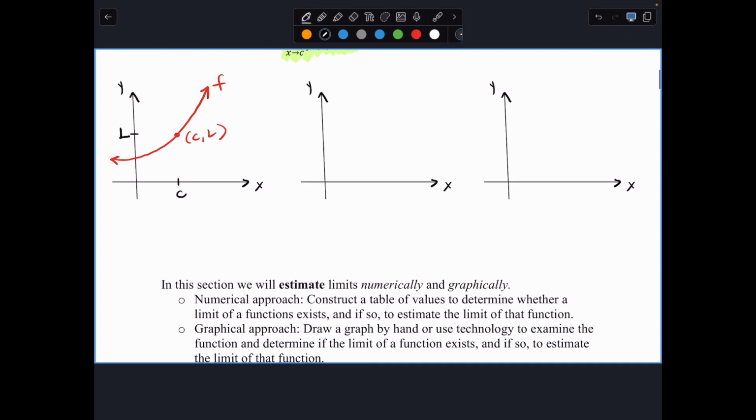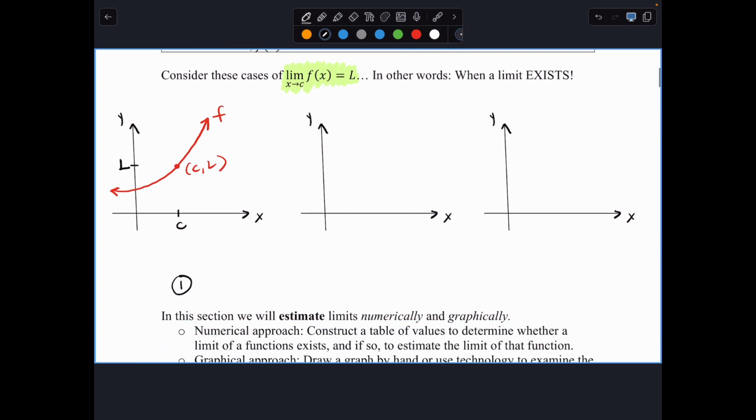This is the first example of when that limit statement would be true, and it's when f of c is equal to L. So the function value matches the limit. The function's value matches what the function seems to be approaching. And you're like, well, yeah, duh.